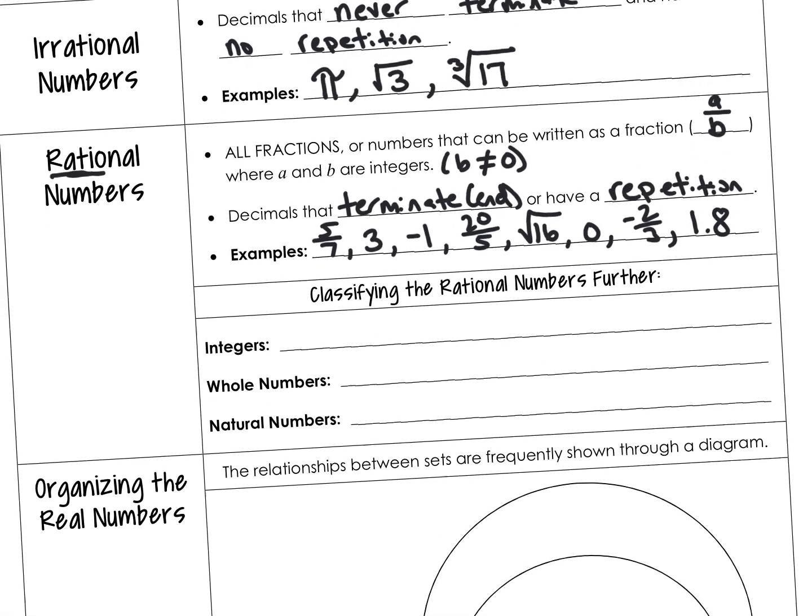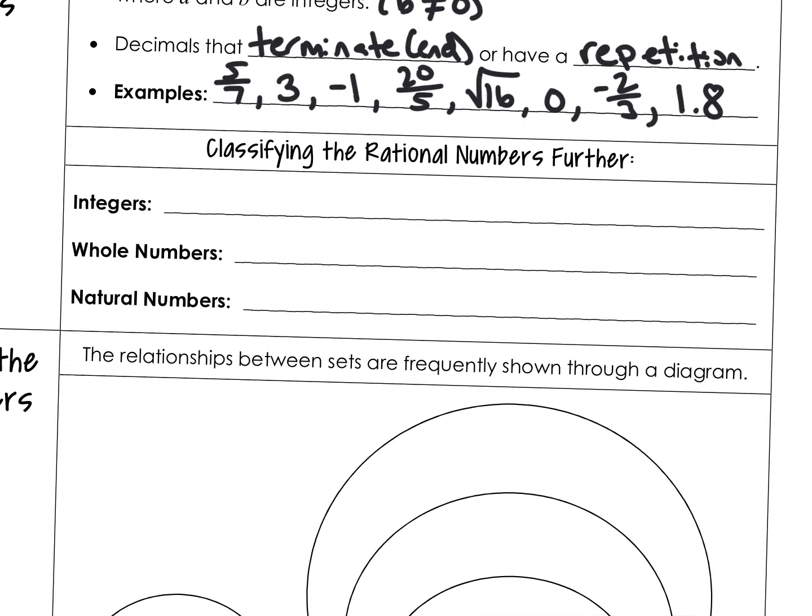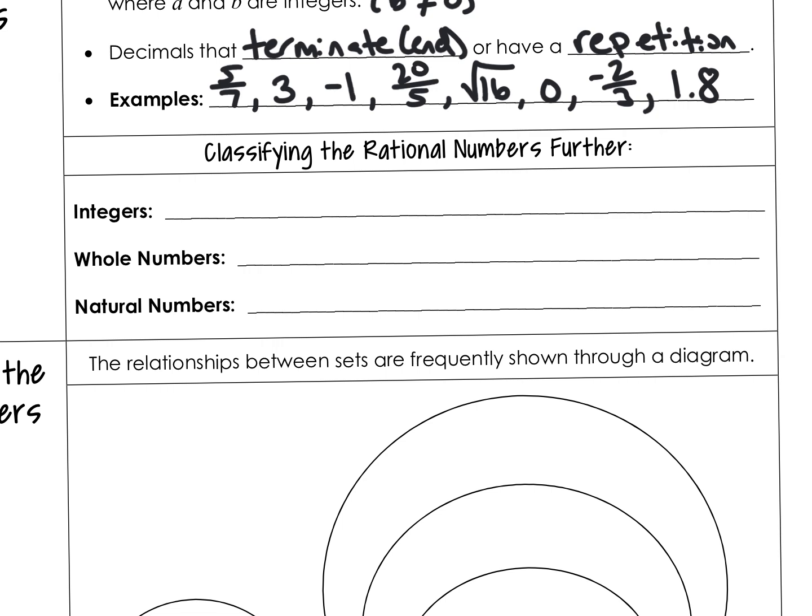So moving on with that, we can actually classify rational numbers even further or more specifically. So while we can always write a rational number as a fraction or a ratio of two integers, we can get more specific. So for example, we talked a little bit about integers. Remember, integers are our set of positive and negative whole numbers.